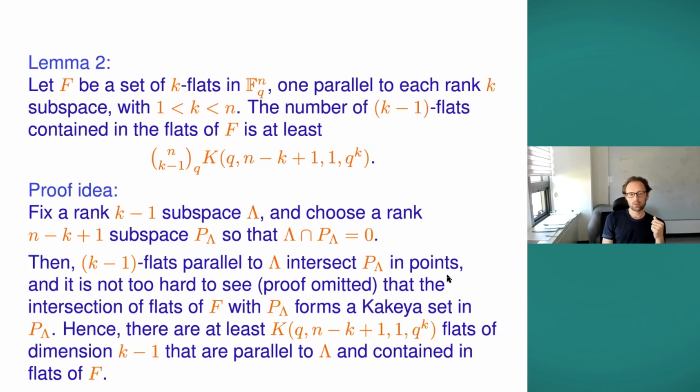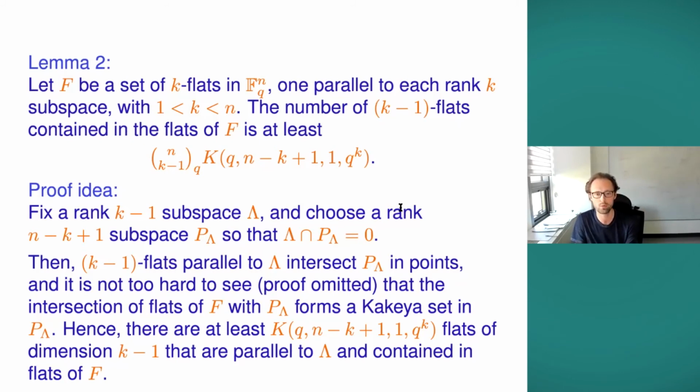Now, the k-1 flats parallel to lambda, of course, intersect P lambda in points. And you can prove, in a few lines, that the flats of F intersect P lambda in a Kakeya set. So the points of this Kakeya set correspond to flats in the direction of lambda. And when we look at this bound, what we have is the number of directions times the number of points in a Kakeya set of an appropriate dimension.